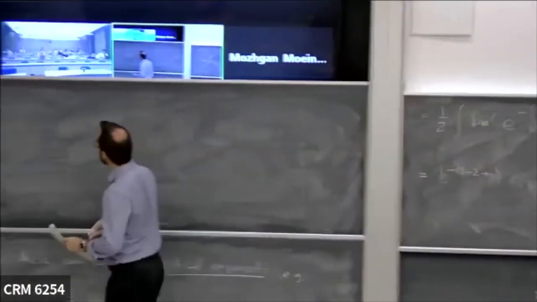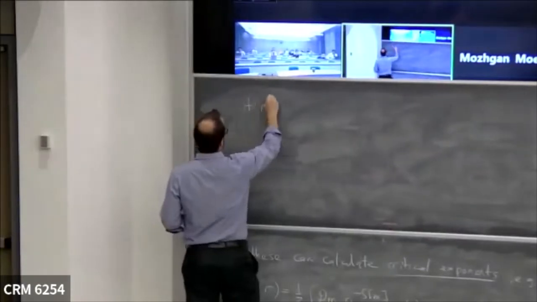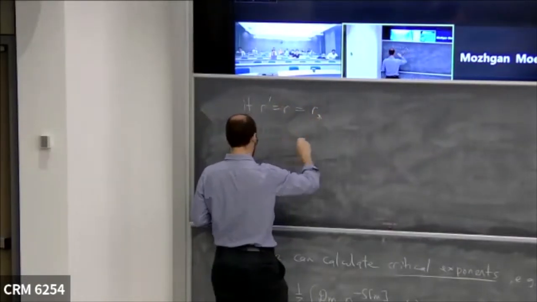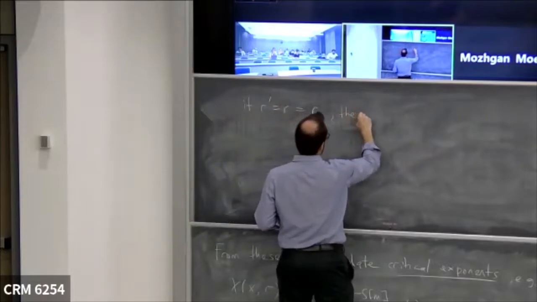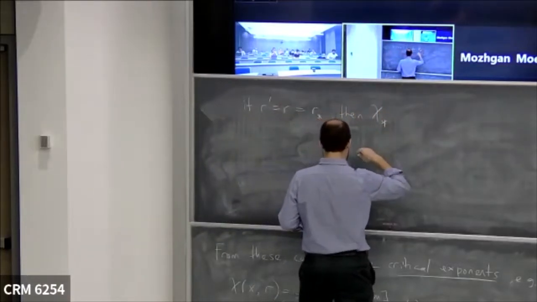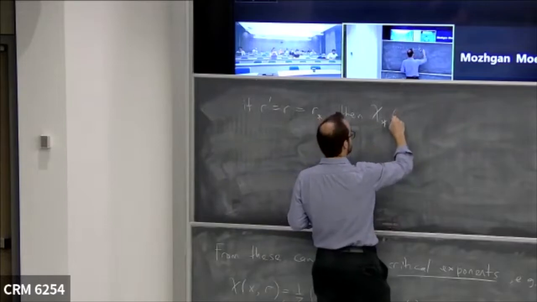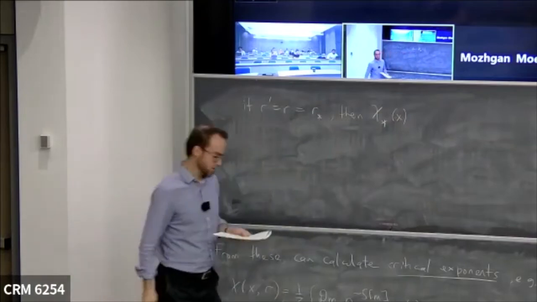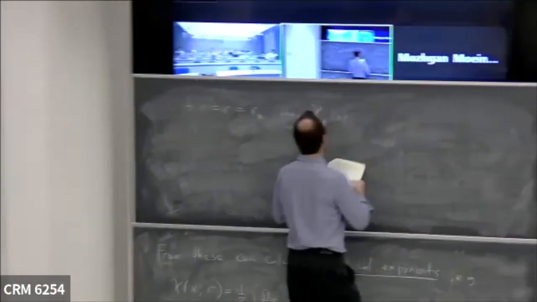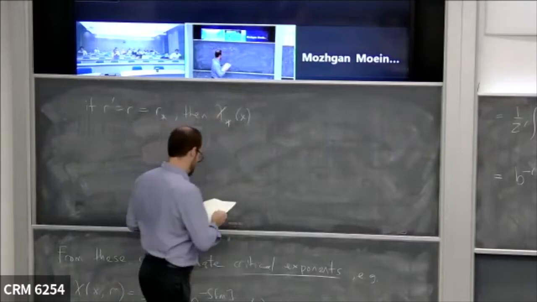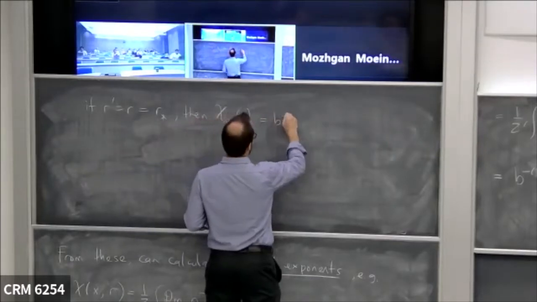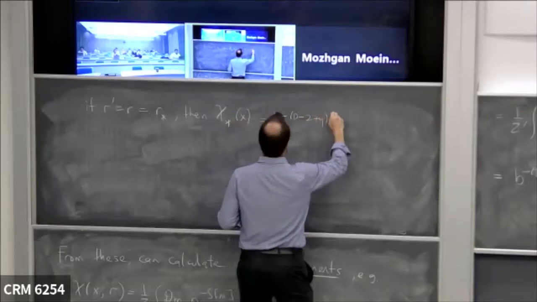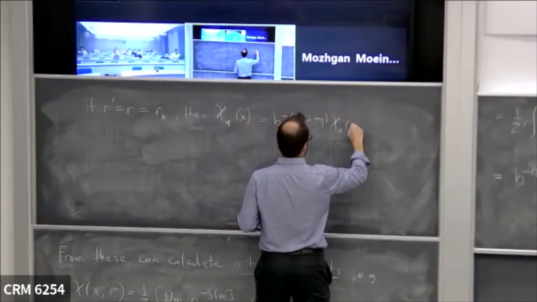If r prime is in fact equal to r, and we're at a fixed point r star, then what we've shown, omitting the dependence on r, which is now the same on both sides of the equation, is that the correlation function at the fixed point of x is b to the minus (d minus 2 plus eta) times chi star of x over b.